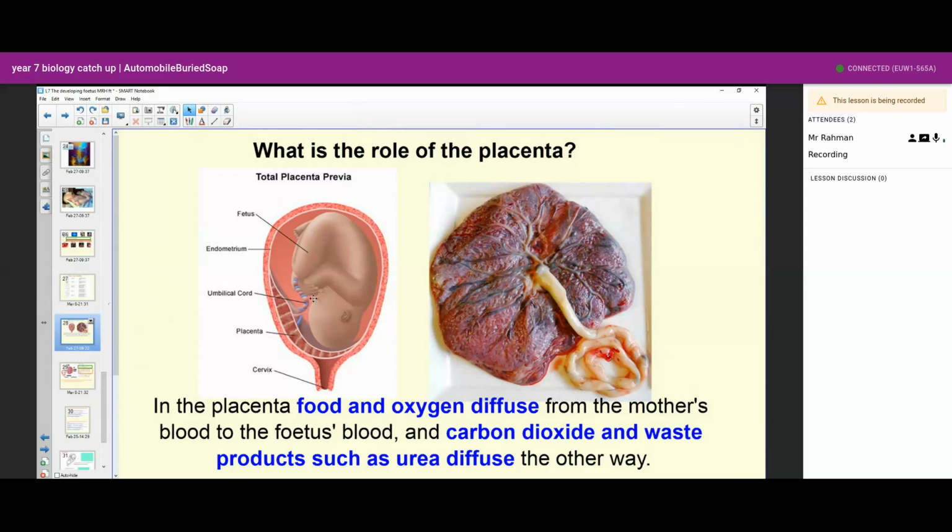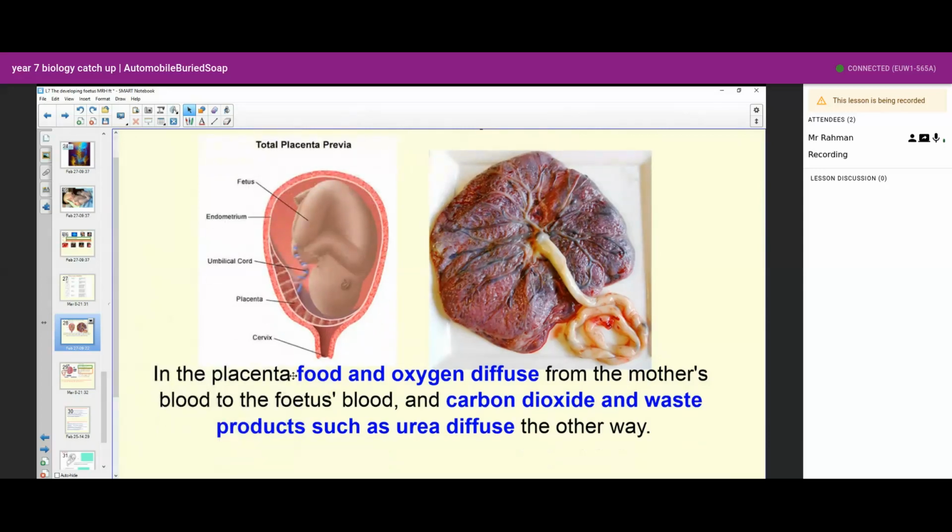In the placenta, food and oxygen diffuse from the mother's blood to the fetus's blood, and also waste substances. We all take in food and oxygen. We don't just need food, but we also need oxygen to survive. Take it in, breathe it in, take it into our bloodstream. But we also breathe out, and we also go to the toilet and give off waste products.